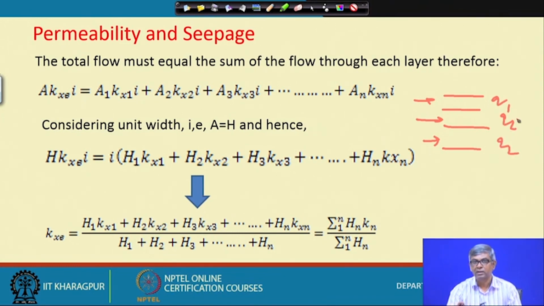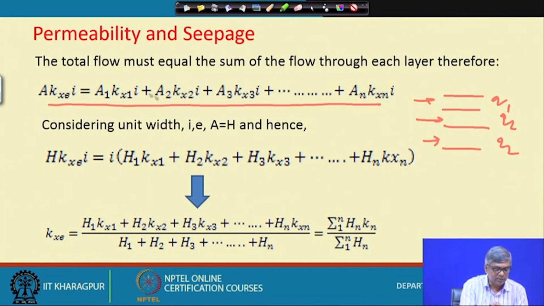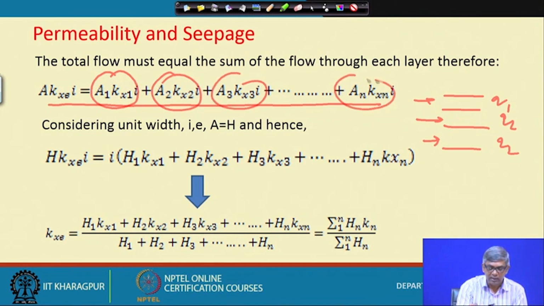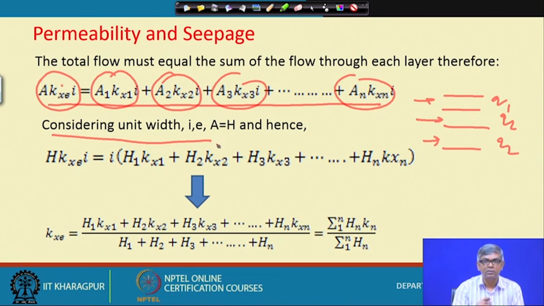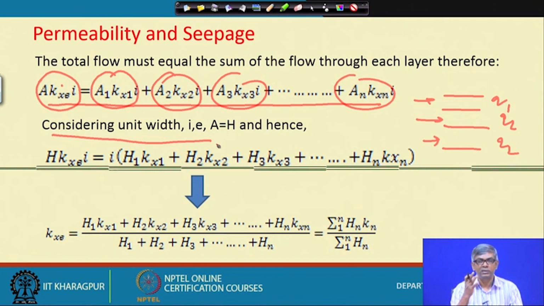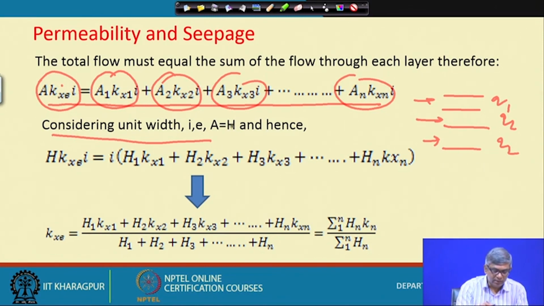When it is parallel, whatever water comes out from this side will be the summation of water flowing through each layer. If I consider that, these are the equations for the respective layers, and if I sum them, that should be equal to the equation with equivalent permeability. Considering unit width, that means cross width is 1, then A becomes the thickness itself.